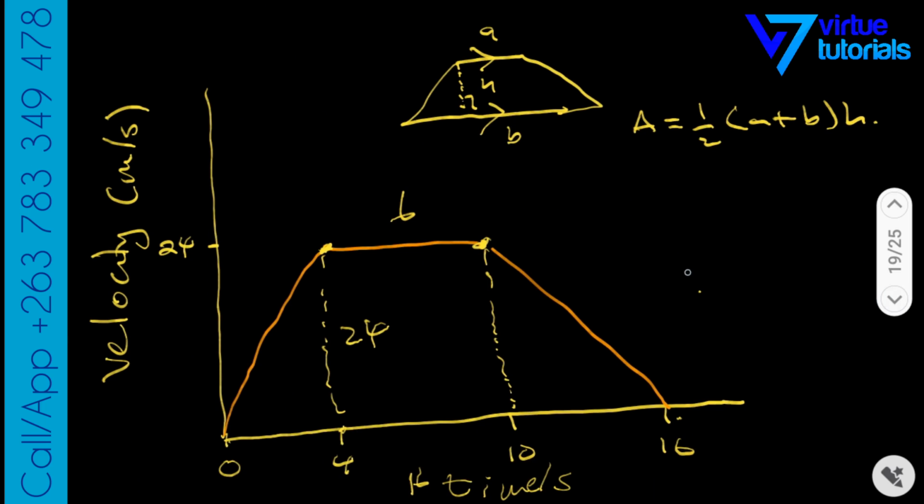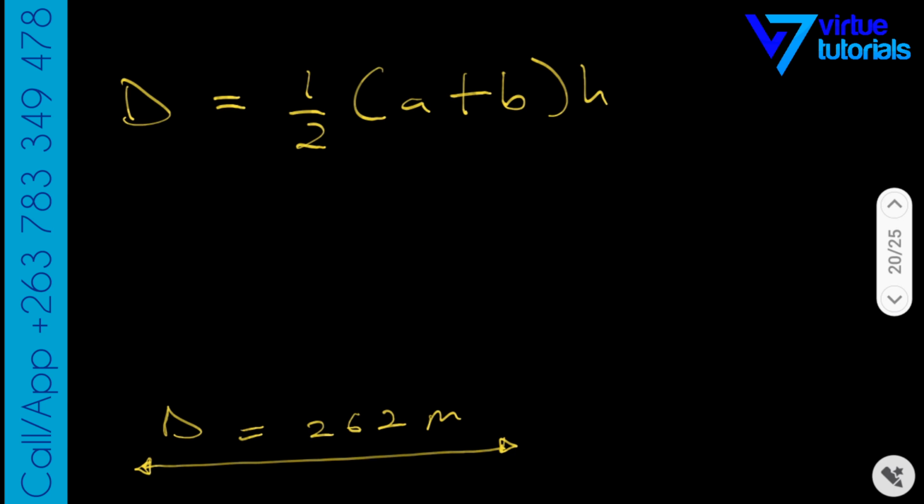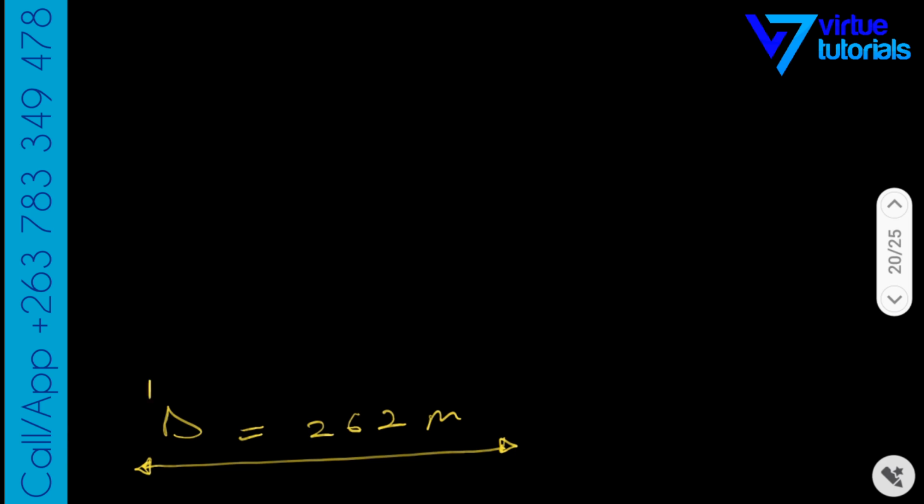Okay, now that you found the distance traveled, you can also calculate the average speed. So let me just clear this up and just leave my distance. My distance is 262. I clear everything else up. We can calculate average speed.